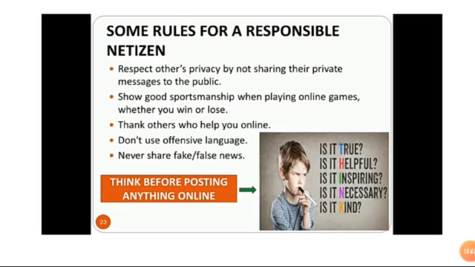Next is email netiquettes. When we are sending or receiving email, we have to take care of the following points. We should keep our email address private, because spammers will send us a lot of useless emails if they get it.